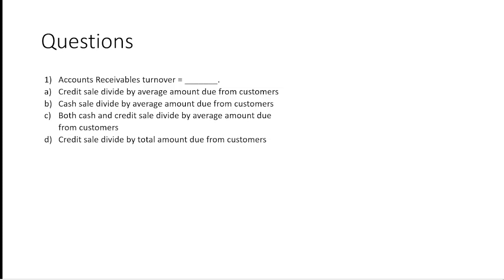Accounts receivable turnover ratio is what? Credit sales divided by average amount due from customers, credit sales divided by amount due from customers, both cash and credit sales divided by amount due from customers, or cash sales divided by total amount due from our customers.